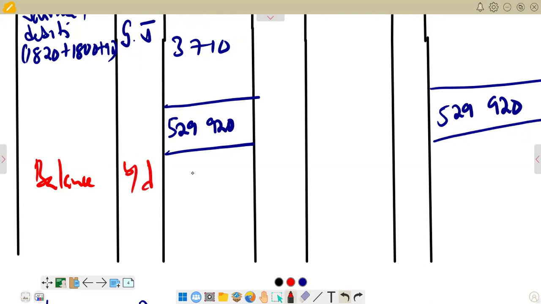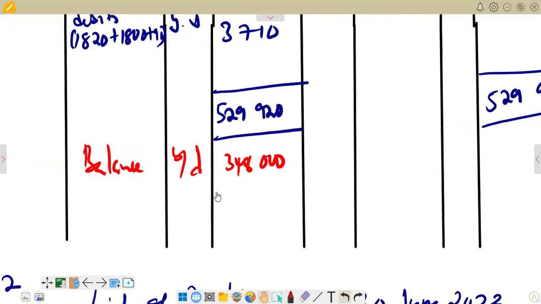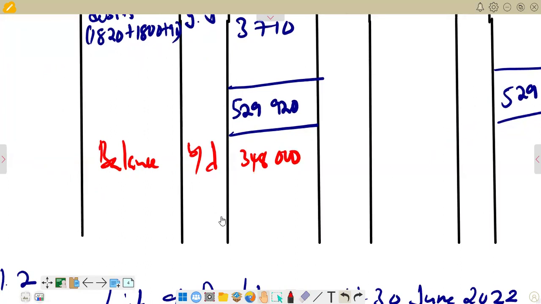And then the figure that we're going to get is 348,000 here. And remember, the date for the balance BD will be the first day of the next period. So if you come here, you see that we are making these entries at the end of June, which is 30 June. So it means 1 July is going to be our date for BD. So this is what we have according to the first part, 1.1.